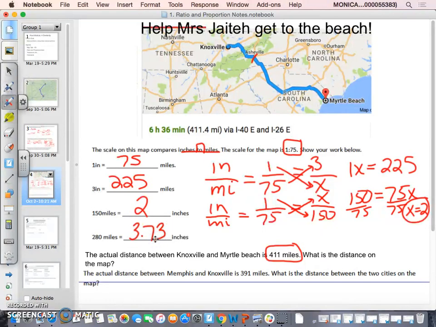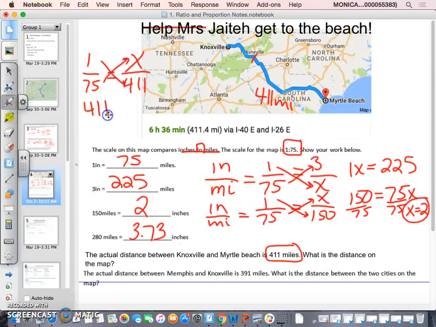The actual distance between Knoxville and Myrtle Beach is 411 miles. What is this distance on the map? I'm going to solve this problem up here. So this is a total of 411 miles. So first of all, I know that 1 inch is equal to 75 miles, and I'm looking at 411 miles. We want to know how many inches that is. So it's the same situation. We're going to do cross products.